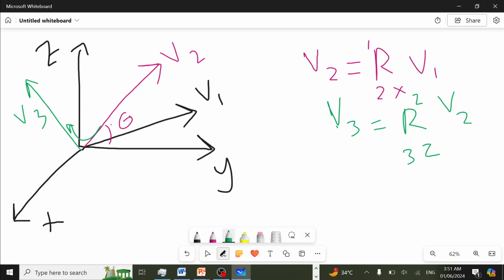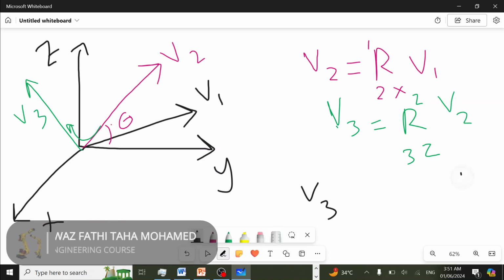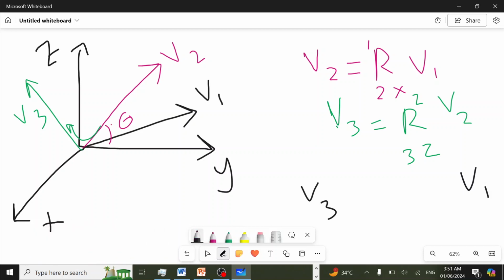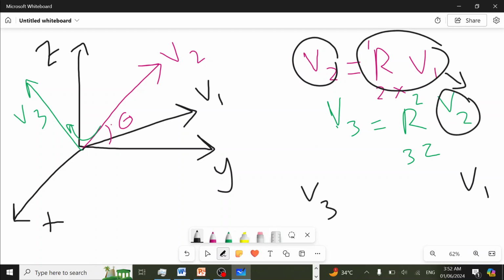So if I want to find v3 with respect to v1, I will replace all the v2 terms here with this v2, okay.